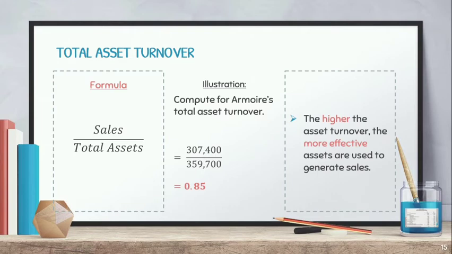The higher the total asset turnover, the more effective assets are used to generate sales. So, kung giunsa na ang interpretation is depende sa company standards and we can use this also to compare total asset turnovers between companies in the same industry.